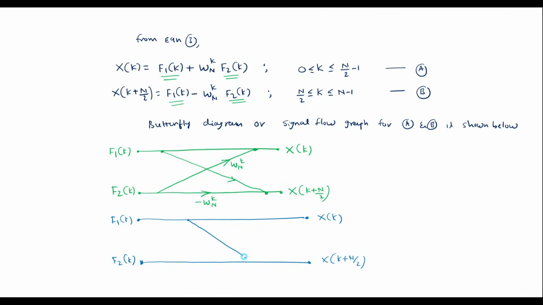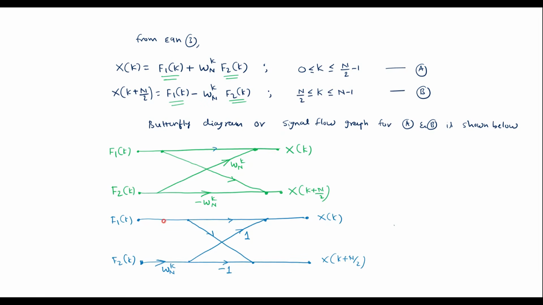Here I should connect it like this, and here it should be like this. These are the lines. So here we can see that in both the cases Wn power k is multiplied with f2 of k. So I will take f2 of k, and at this point itself I will multiply it with Wn power k. So now on this line I am supposed to write 1, because already Wn power k I have multiplied with f2 of k here, and on this line it should be multiplied with minus 1.